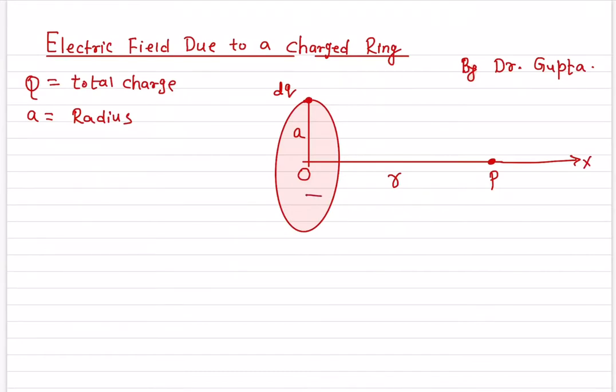And the distance from this point, let's say this is x. Instead of r, we assume this is x because it is along the x-axis.